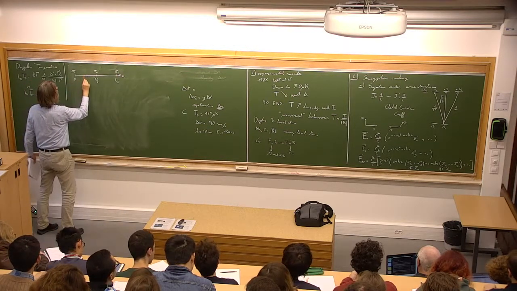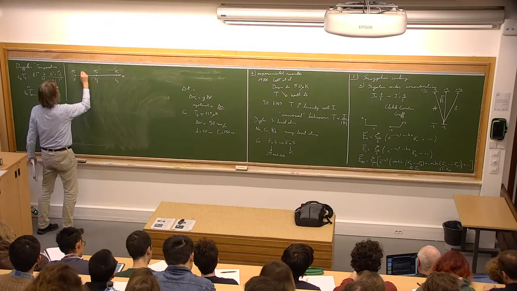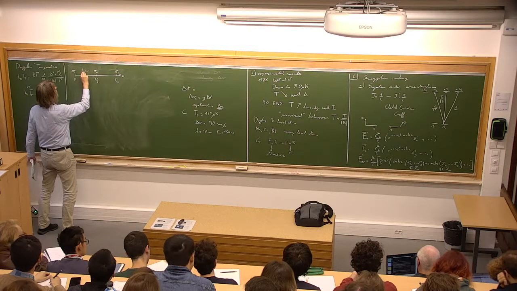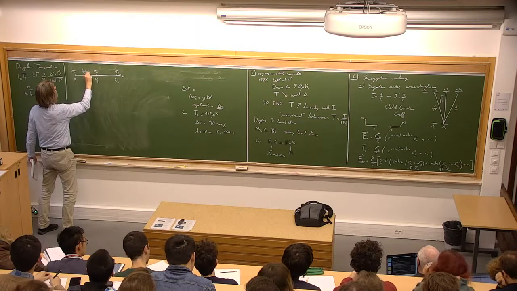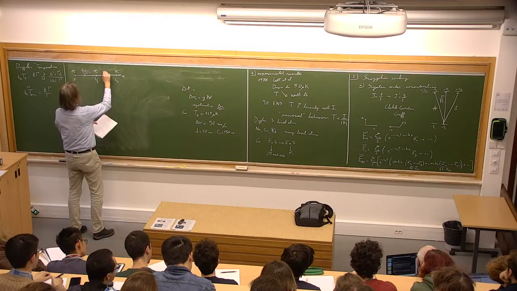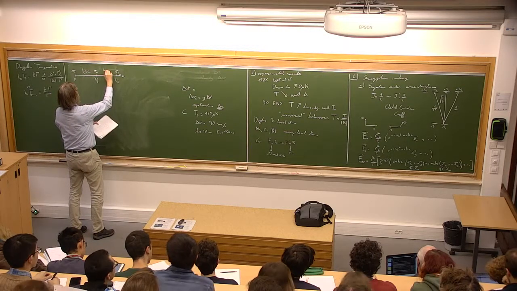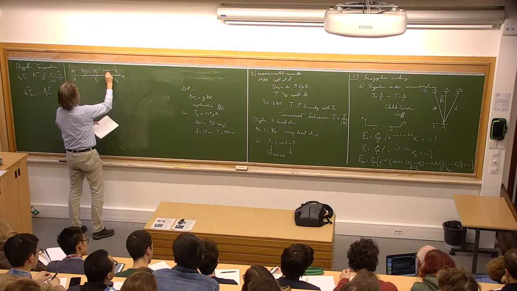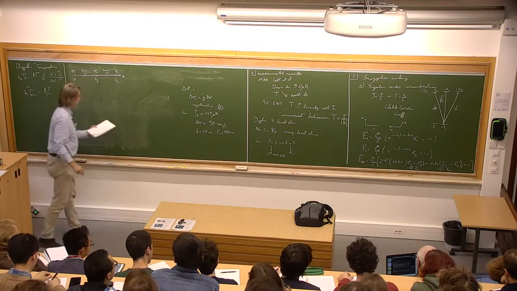In between I have a linear polarization, let's say at 45 degrees with respect to x and y, and here again a linear polarization at minus 45 degrees.